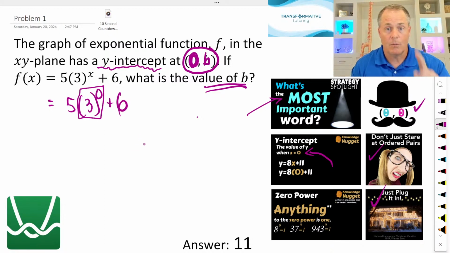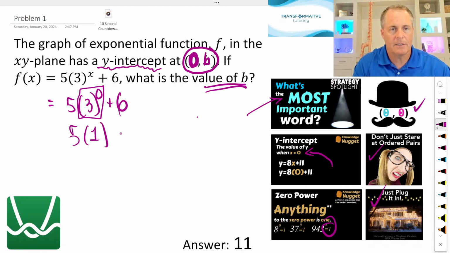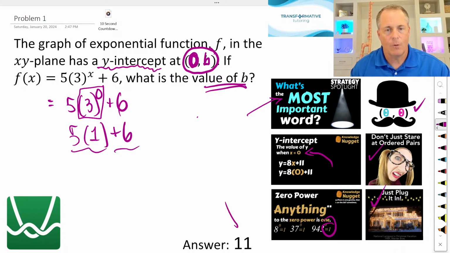Well, it's just 1. In fact, anything to the 0 power is 1. This is something that shows up on pretty much every SAT, so try not to forget that anything to the 0 power equals 1. So that changes to 1, and then we can do 5 plus 6 for 11. Okay, so that should have been 11.